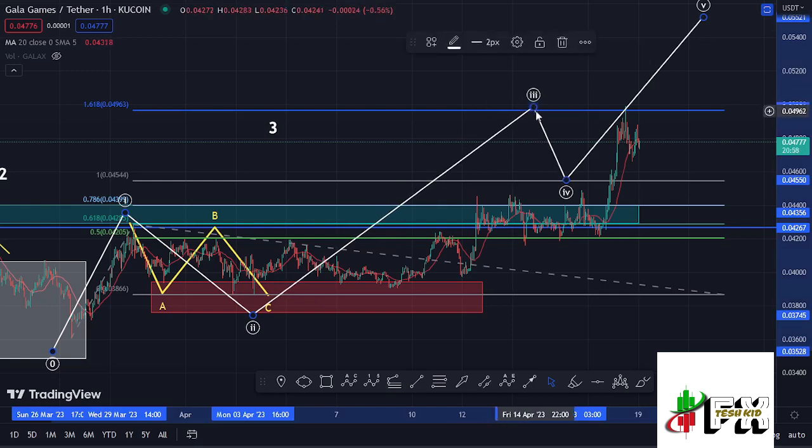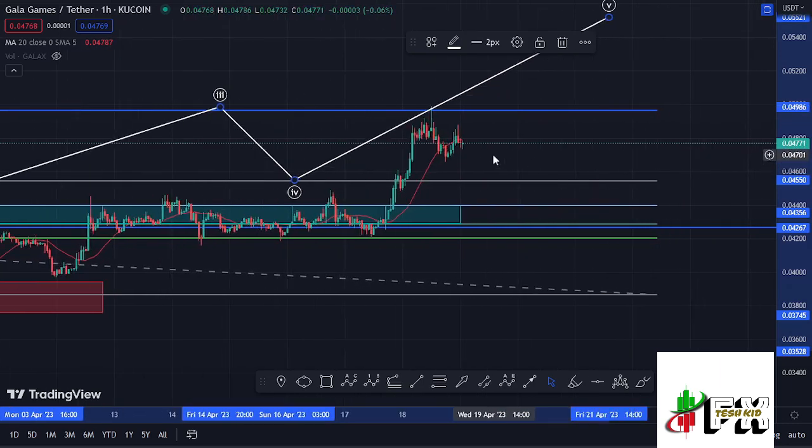And because of that reason, there are two possible scenarios that can play out here on the Gala Games chart. And starting with the more bullish one is that there are high chances that this is just a minimum target area that we have just been able to hit, and there are chances that we might continue gearing up, get above the 20-day MA both on the 1 hour chart and also on the 4 hour chart.